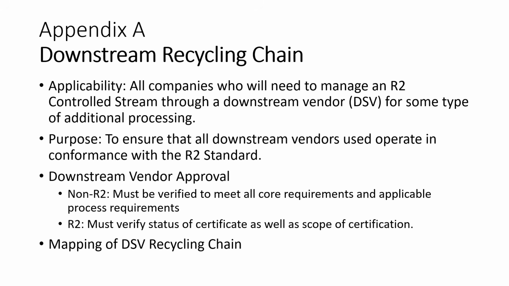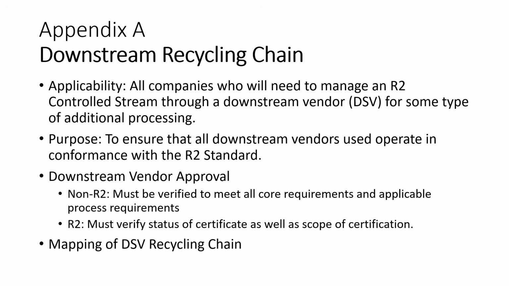What this means is for transparency, let's say our downstream vendors or recycling chain is made up of non-R2 downstream vendors. What this would mean is we would need to map out the entirety of the recycling chain through end of life.